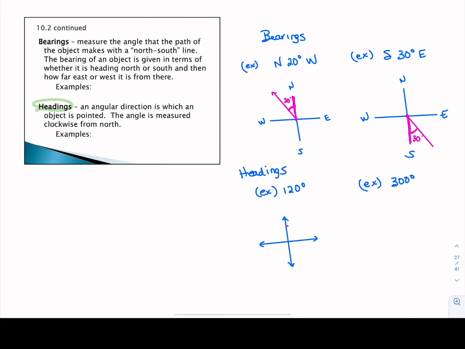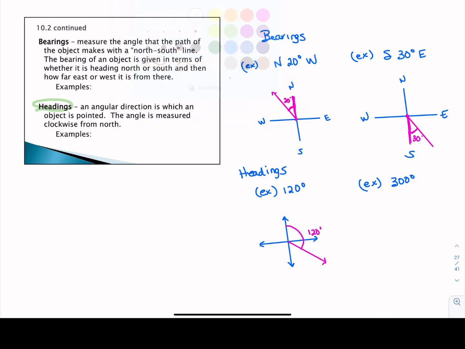So I'm going to travel 90 degrees to get through the first quadrant, and I need an additional 30 degrees before I reach my terminal side. So this would be an illustration of what we call 120 degrees. So we start from your north line and we need to rotate in a clockwise direction from the north. So the angle we've created there is 120 degrees.